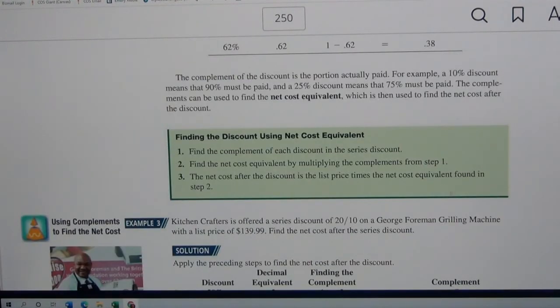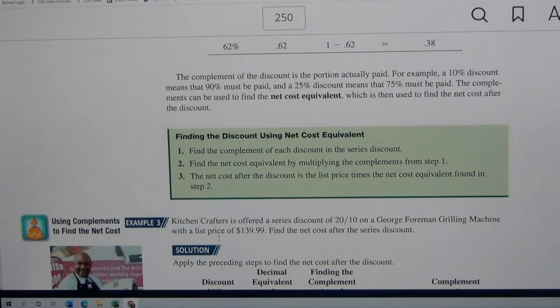Alright, I want you to try this one. Kitchen Crafters offered a series discount of 20/10 on a George Foreman grilling machine with a list price of $139.99. Find the net cost after the series discount. In this example, we want you to do it a little bit differently.